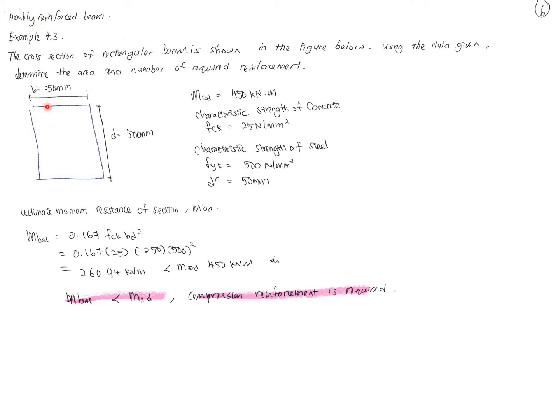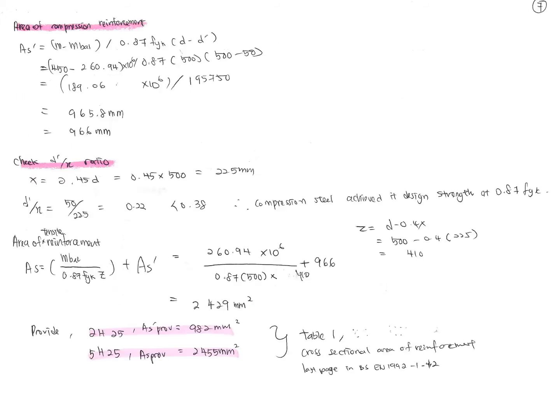Next, the area of compression reinforcement. Now we need to get As prime, which is the As on top. We use the equation M minus M balance over 0.87 fyk times d minus d prime.